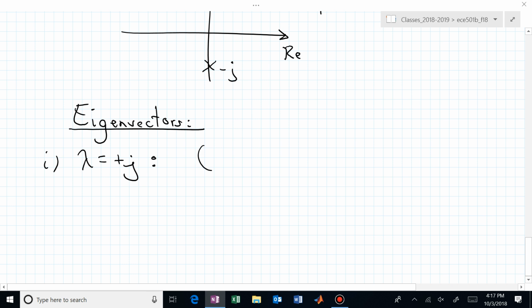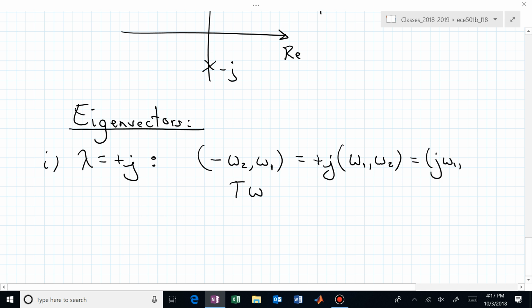In this case, we have minus w2, w1. This was the Tw, wasn't it? And that needs to equal lambda w, and lambda was plus j for this case, and w is w1, w2. Or this is now j w1, j w2.